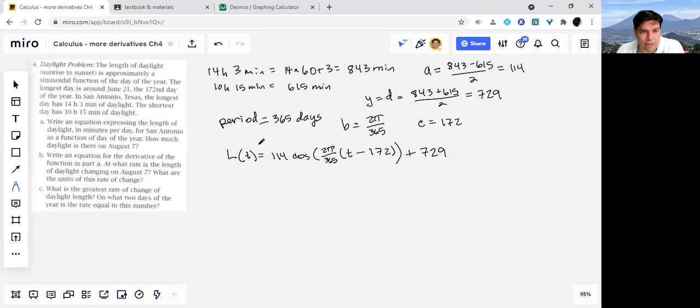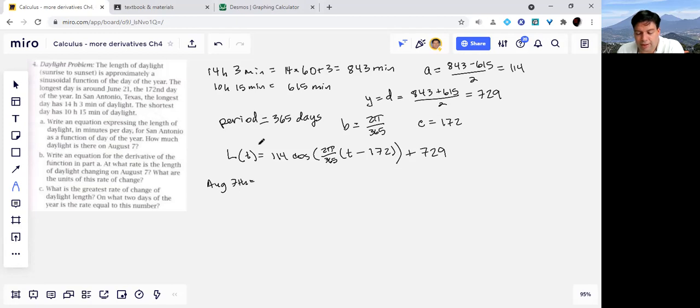To find out how much daylight is there on August 7th, so this is the length of the day or daylight, I need to know what day of the year is August 7th. Now, if June 21st is the 172nd, I know that June 30, which is just 9 days later, is the 181st day.